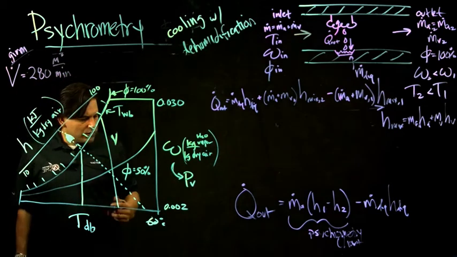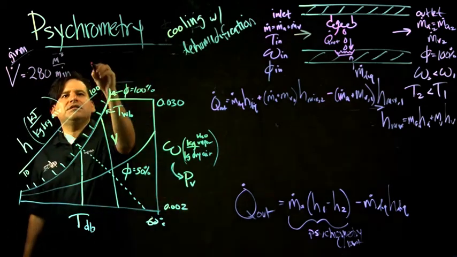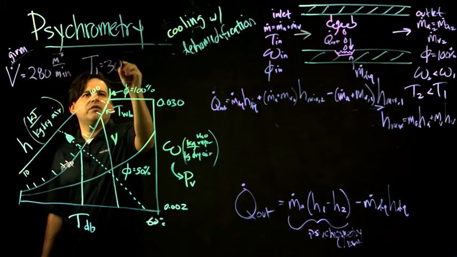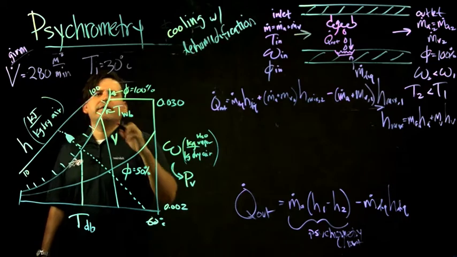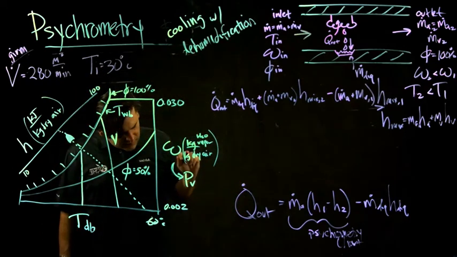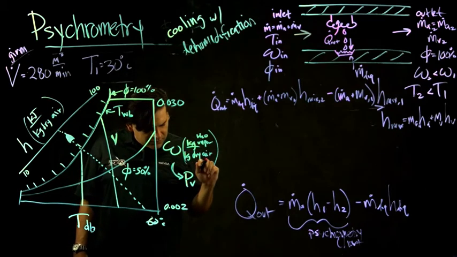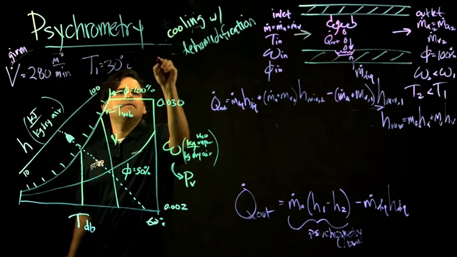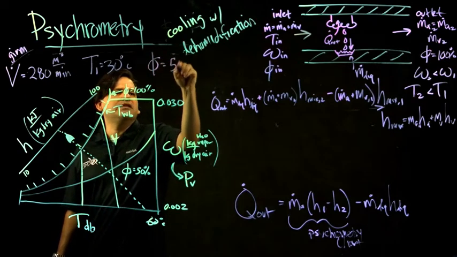Okay, we are given that T1, the temperature at the inlet, equals 30 degrees Celsius, pretty hot. We are also given that the relative humidity is 50% at the inlet.